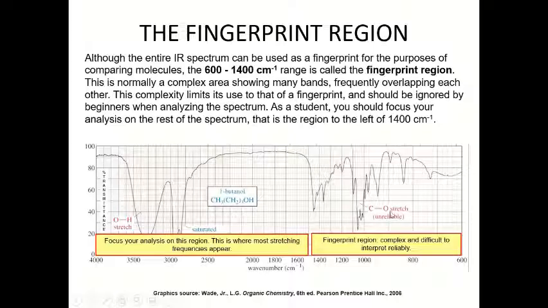For example, this is the spectrum of 1-butanol. Here, this is the OH stretch. This is the first signal that I look for in this type of compound. And then, as you can see here, is the saturated CH, right?